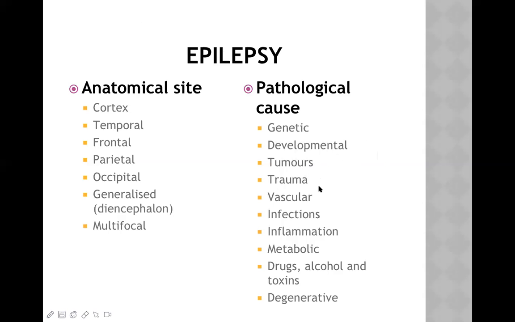Tumor, trauma, vascular, infection, inflammation, metabolic, drugs, alcohol or toxin, and degenerative. Sometimes these causes can be identified by investigation, and they repeatedly lead to seizure even without provoking causes. They are also known as epilepsy.